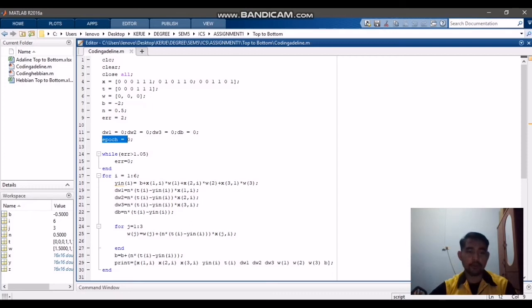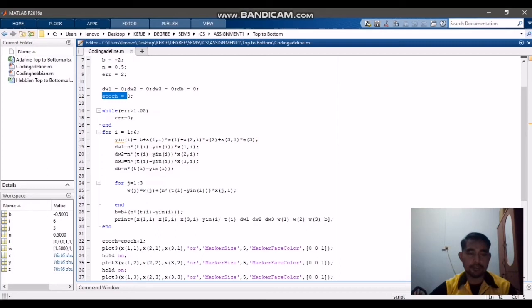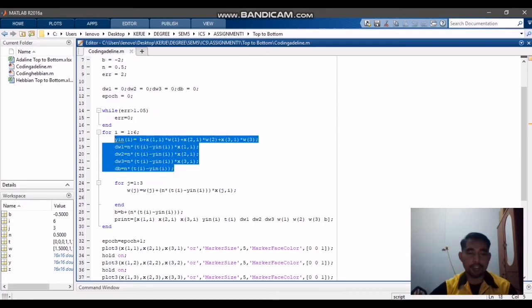And the while command for the ERR here: if ERR greater than 1.05 and ERR equal to 0, and this is the command in order to get the Y in. As we can see in the Adaline part, we need to get the Y prime equal to the summation, the T minus the summation, and this is for the Y in.